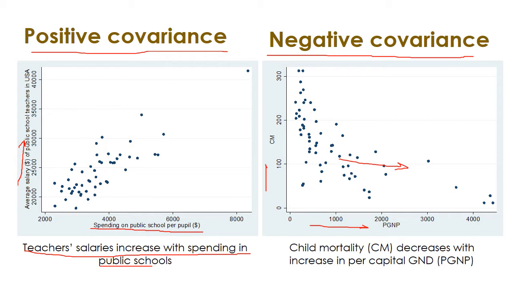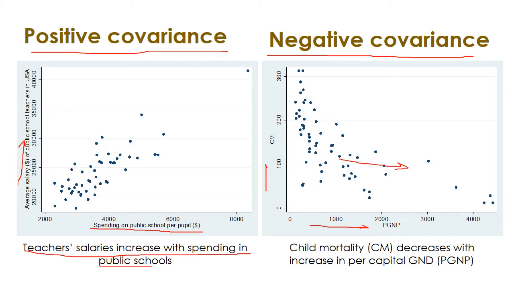So as you can see here in this diagram, this is positive covariance, and you'll see the teachers' salaries increase with spending in public schools. So you will notice that as the public spending in public schools increases, the teacher's salary also increases.